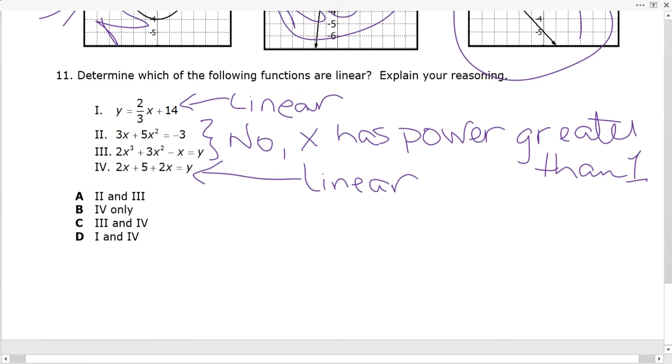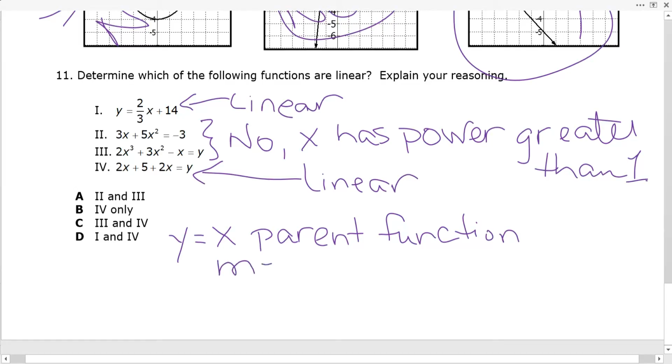So when we're talking about linear functions, y equals x is the parent function. When you add an m, when m is greater than 1, your line gets steeper.